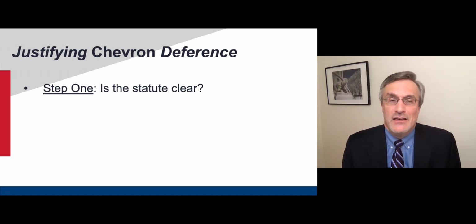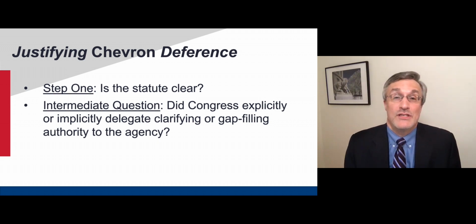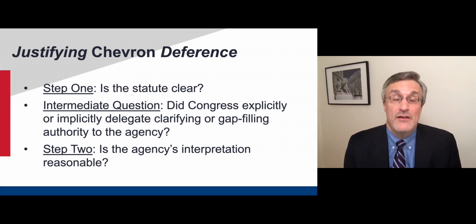But if it is not clear, then there's some intermediate question or step that has to be cleared. Did Congress either explicitly or implicitly delegate the clarifying or gap-filling authority to the agency? If that answer is yes, then, and only then, should a court get to step two and ask whether the agency's interpretation is reasonable and be bound by it if it is.